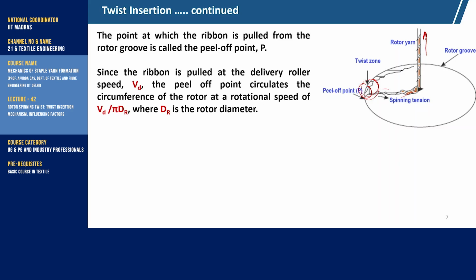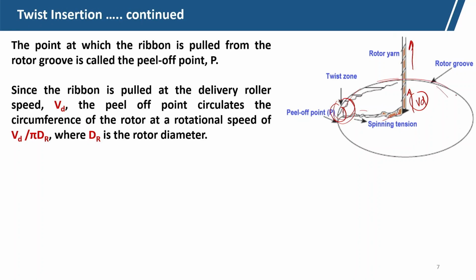Since the ribbon is pulled at the delivery roller speed Vd, the peel off point will move at the delivery speed Vd, and πdr is the circumference, where dr is the diameter of the rotor.